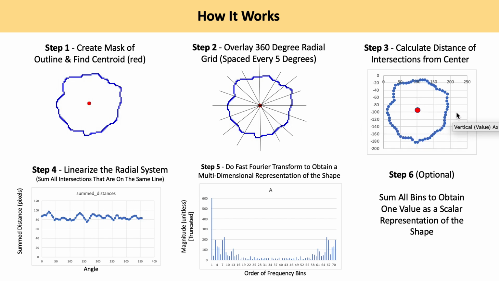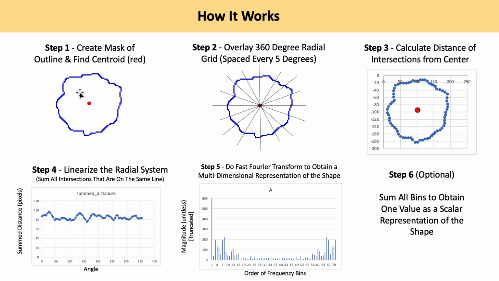And next, we linearized this shape so that it's on a linear scale. On the x-axis, it's degrees starting from 0 and all the way to 360 on the right. And next, we applied the fast Fourier transform on the data in step 4 to get the frequency plot in step 5. This frequency plot is a multi-dimensional representation of the original shape.